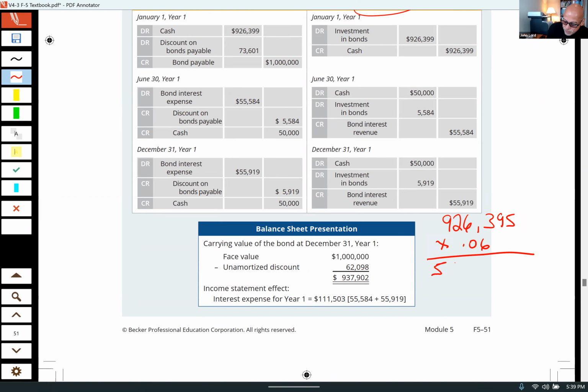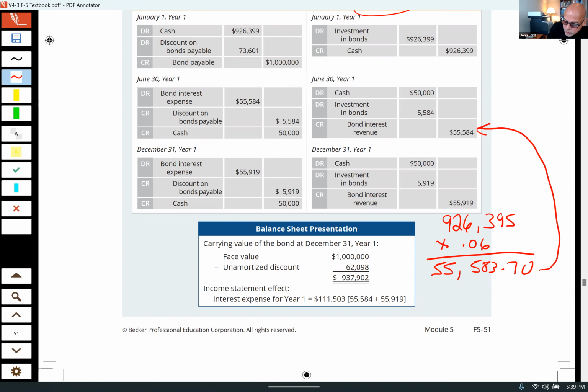That gives me $55,583.70. Now Becker rounded that up to 55,584. That's the interest revenue.